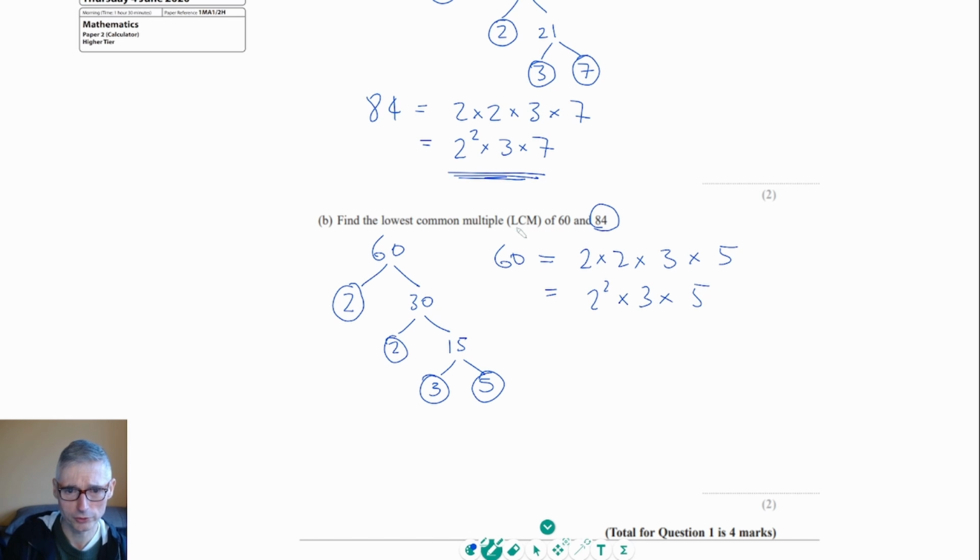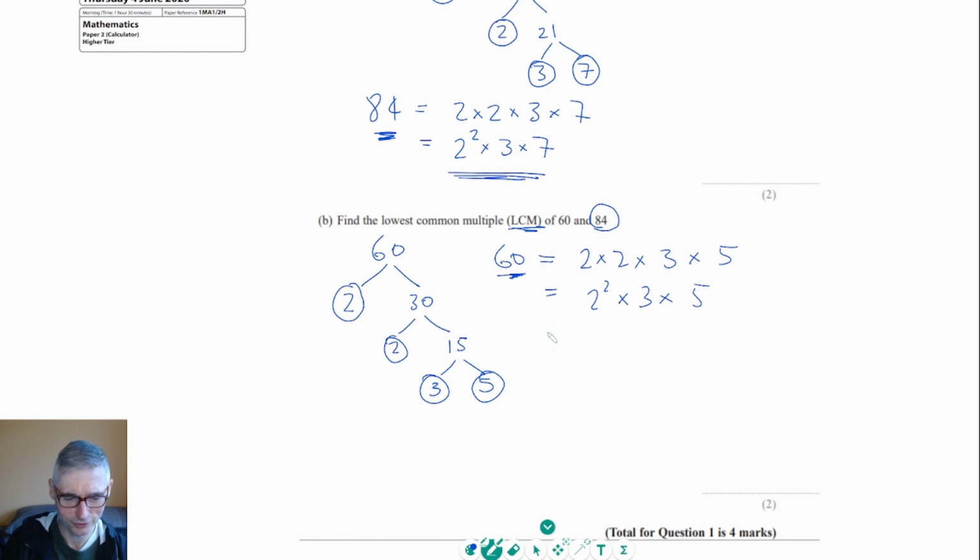Now what we've got to do is find the lowest common multiple of the 60 and the 84. The lowest common multiple means what's the smallest number that both 60 and 84 will go into, or in other words, what's the smallest number that's in both the 60 and the 84 times table.